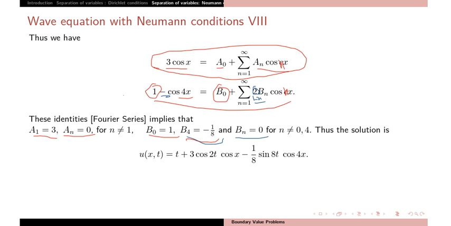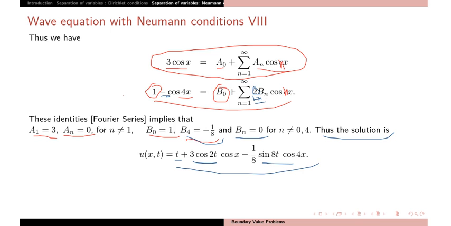So the solution is just to fit in that formula. Okay, so a0 plus b0 t. b0 is 1, so this is b0 t, and then the third, the first term corresponding to a1, and this is for b4.